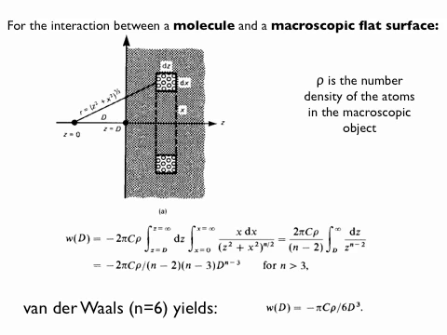Now, in order to calculate the pair potential between these two objects, you have to calculate the interaction of that one single atom or molecule with the entire surface, all the atoms in the surface on the right. So in order to do this, you have to integrate over that entire body, which is displayed on the right.